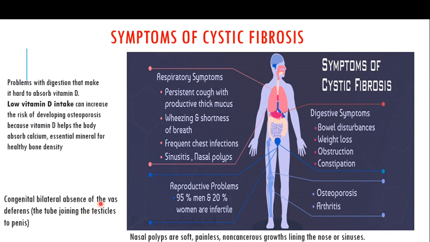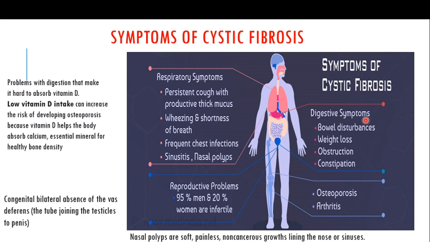So if there are sperms in the testicle, but you do not have this vas deferens, this tube, it will not be able to move the sperms from the testicle to the penis, and hence that particular man will be infertile. So there can also be reproductive problems in case of cystic fibrosis.